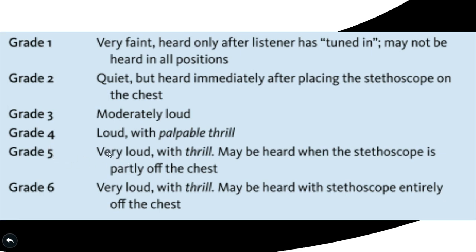Grade 5 is very loud with thrill, but the stethoscope is partly off the chest. And grade 6 may be heard entirely off the chest. So remember this one: there is a palpable thrill starting from grade 4, 5, 6.